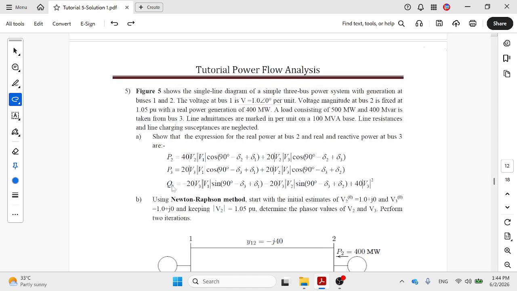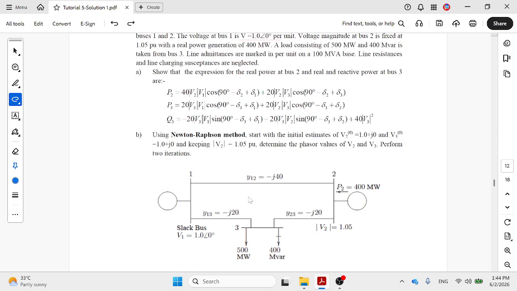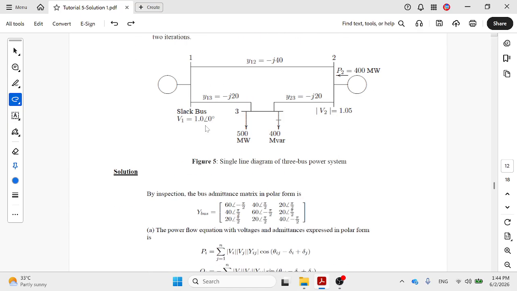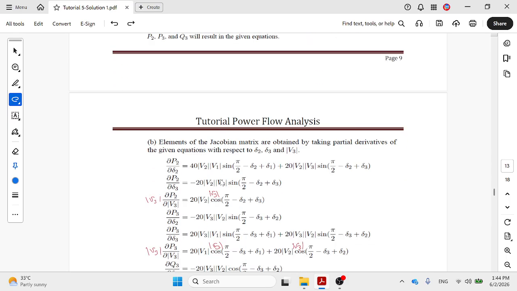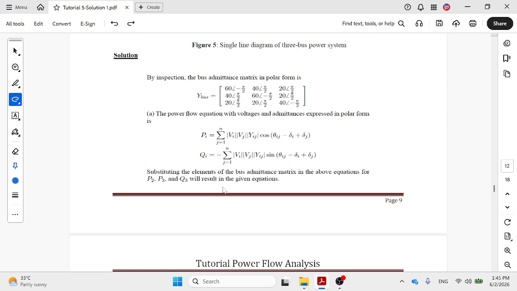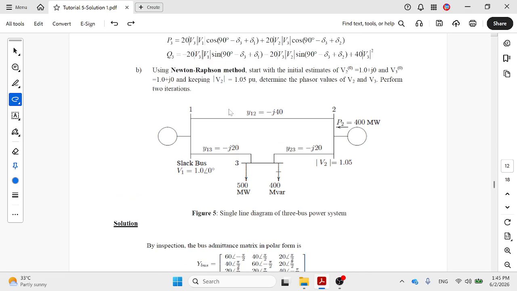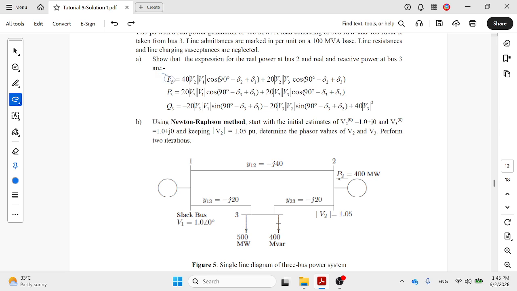Again, the P and Q are given to you in the form of an equation. First, you have to find the P values you need for each one. The Y bus is calculated, then the Jacobian matrix. Okay, let's jump to the Jacobian matrix. In the Jacobian matrix, you have to calculate round of P2 over round of delta 2, correct?